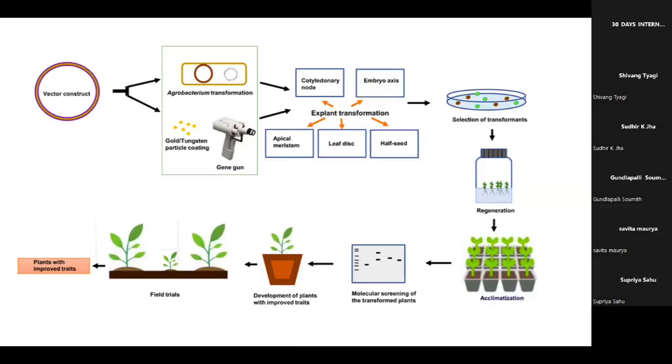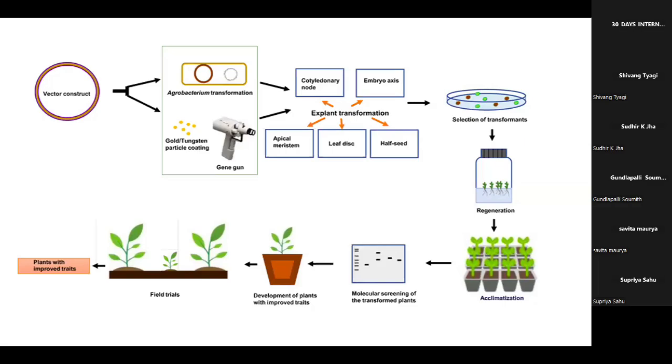In general, the selection pressure we give is of antibiotics. So if that gene has been transformed, which works against the antibiotic selection, then your explant will survive.